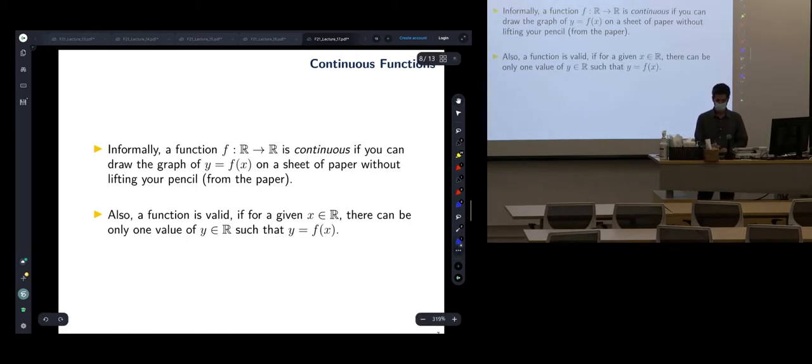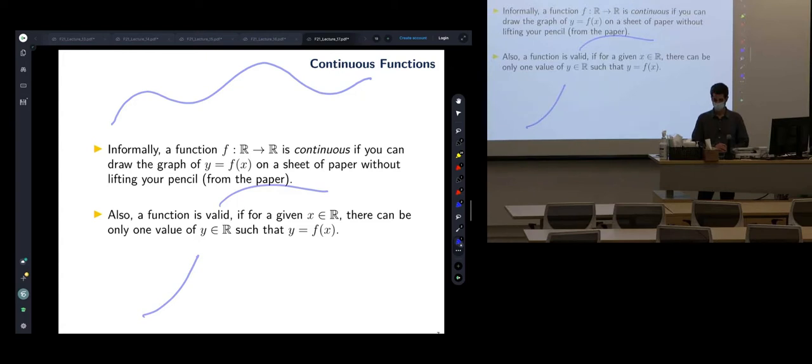If you can hold your pen and never lift it in the domain, that's a continuous function. If you have to lift it, that's not continuous, okay? Now, besides the condition that to be a function, it needs to map each value of the domain to a single value of the range, that's good enough for us. That's a continuous function. Then we can run the algorithm.